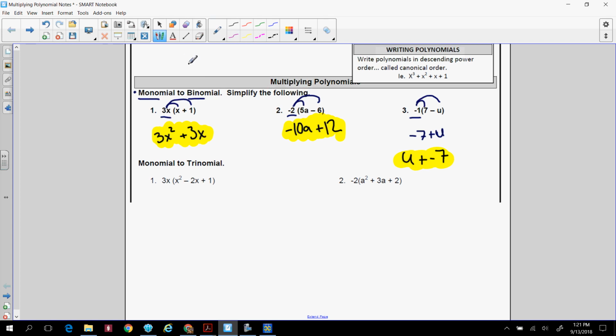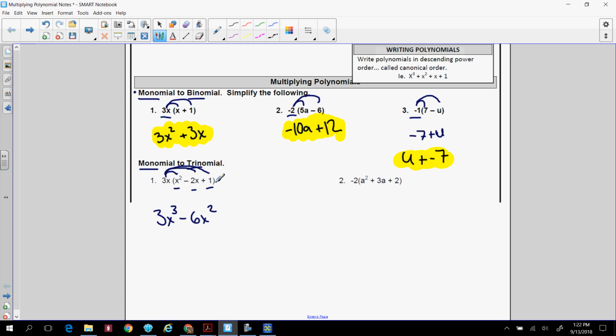All right, so really nothing changes when we start multiplying a monomial, one term, to a trinomial, three terms. The only thing that is different, we've got to multiply one more time. All right, so 3x is being multiplied to all three terms. 3x times x squared is 3x to the third power. 3x times negative 2x is negative 6x to the second power.